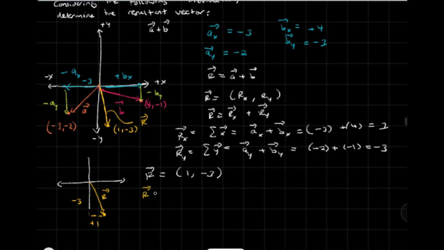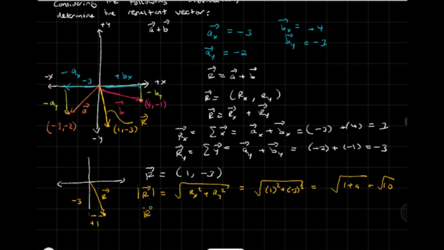If you wanted to find the magnitude of this resultant vector, you're basically doing the square root of Rx squared plus Ry squared. Now you know the x and the y components, so you get 1 squared plus negative 3 squared, which is 1 plus 9, which is the square root of 10. So the magnitude of the resultant vector is the square root of 10 units.